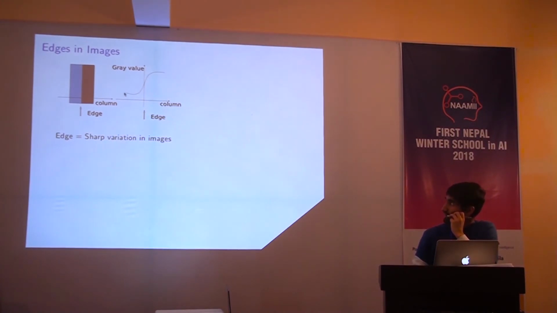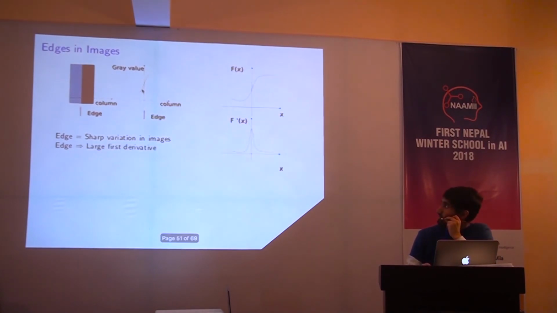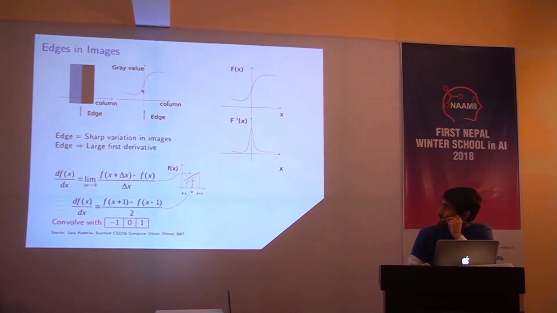If we look at the gray values along this line in the image, it has a certain value, then it picks up and goes flat again. So we need to identify this sharp change. And we already discussed that derivatives can do that. And so this is where convolution comes in.